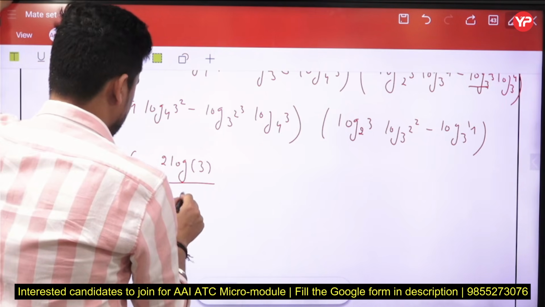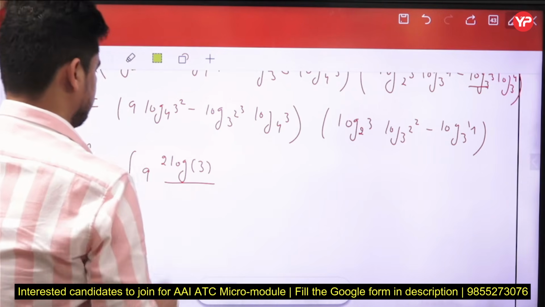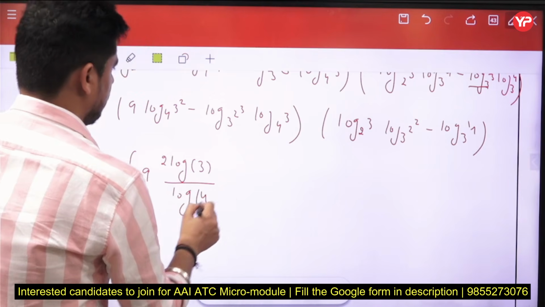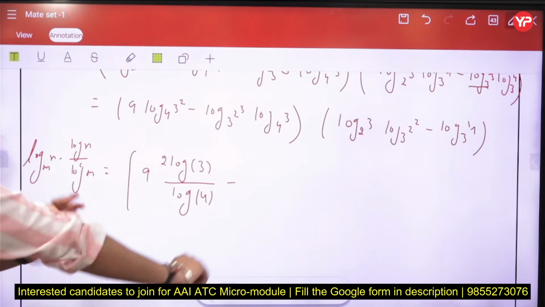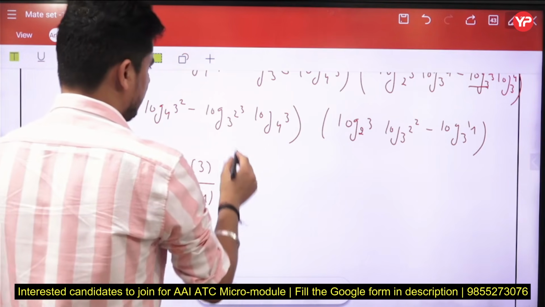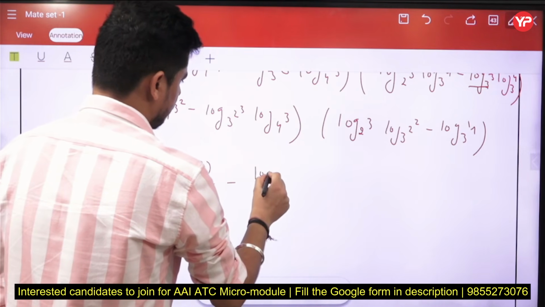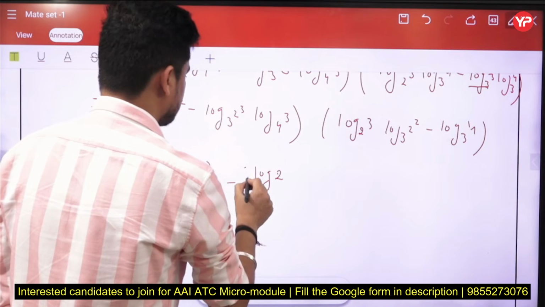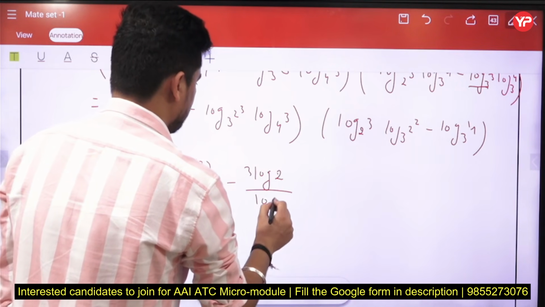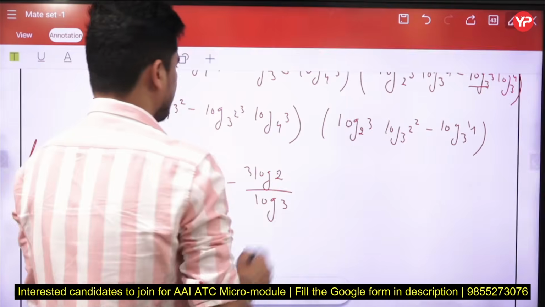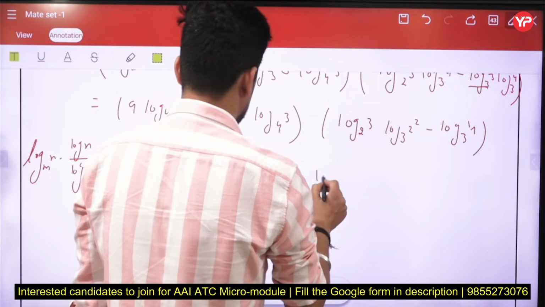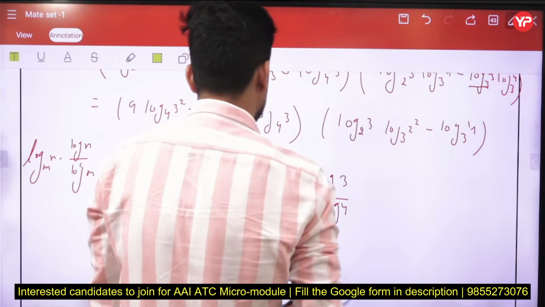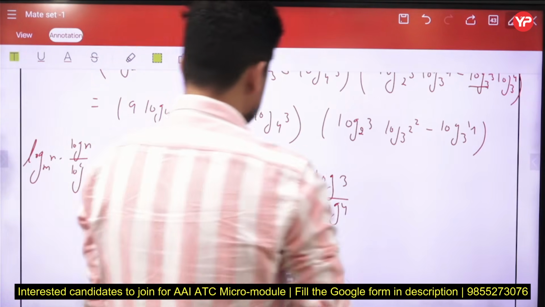So it becomes log of 4 here, the first one. Go to the second one. It becomes log of 2, right, 3 is outside, log of 3, next multiplied by log of 3 divided by log of 4, like that.